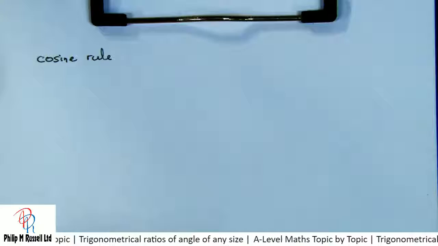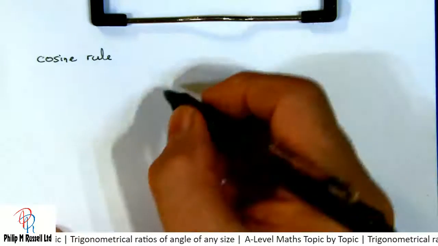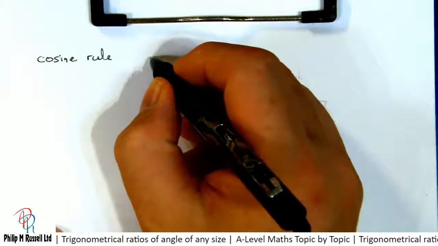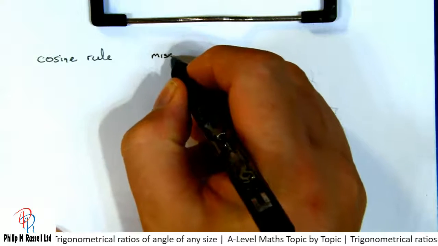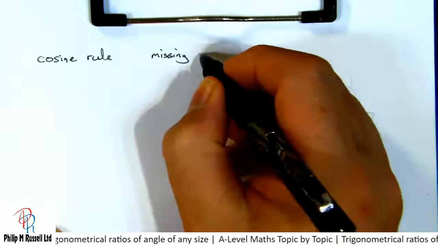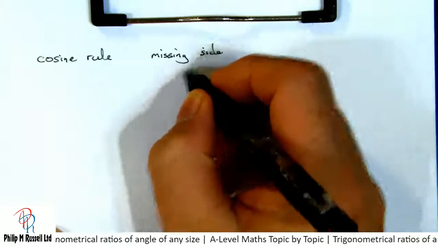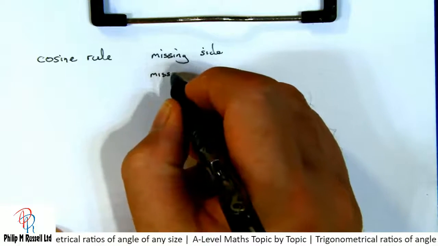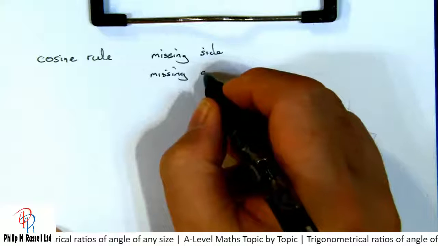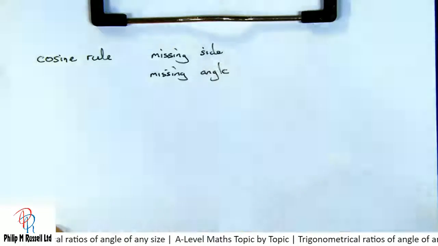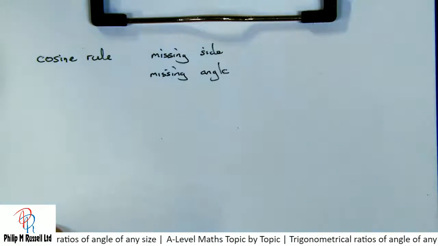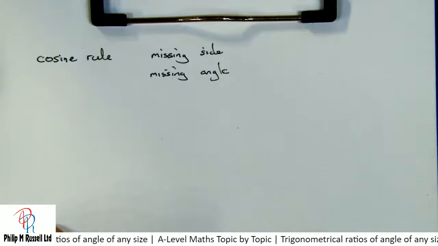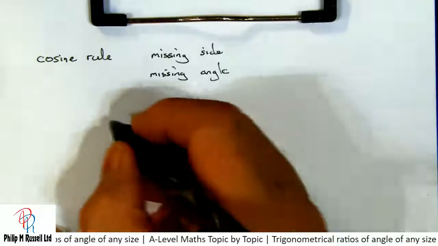The cosine rule is designed to help us find either a missing side or a missing angle. And this is not particularly obvious when I get students trying to play with this.